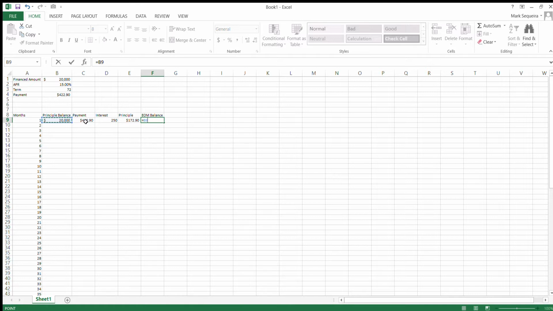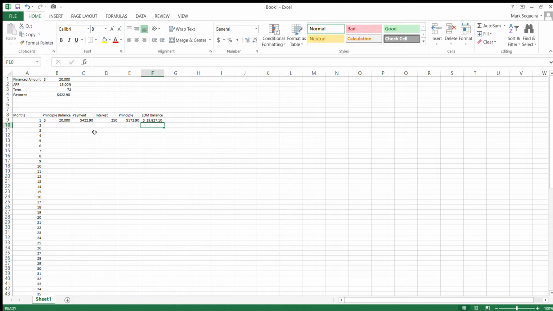Your balance will only be reduced by the amount that goes to principal, which is the $172.90. So at the end of the first month, your new balance is $19,827.10.